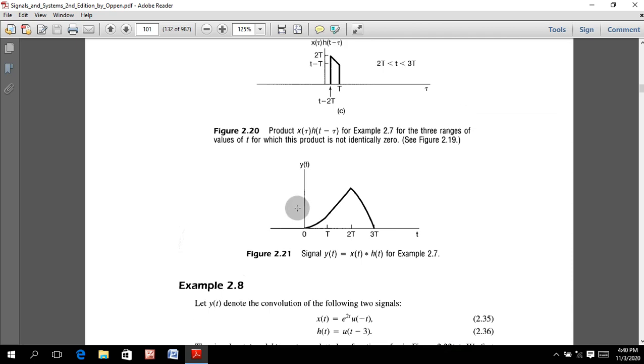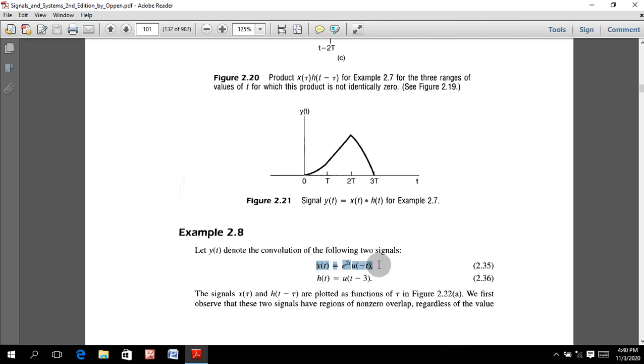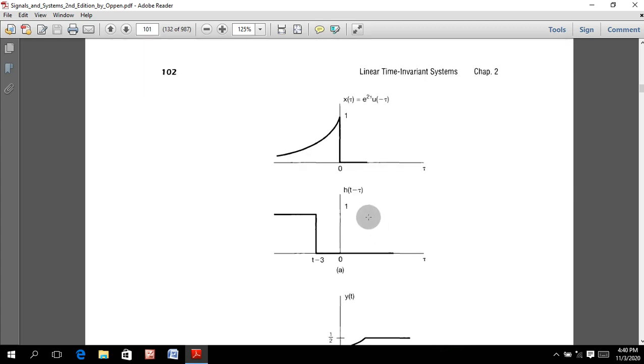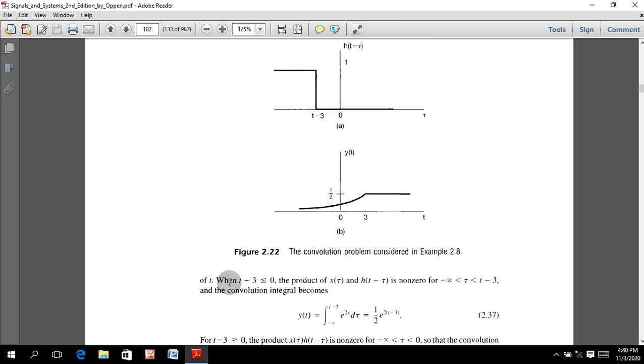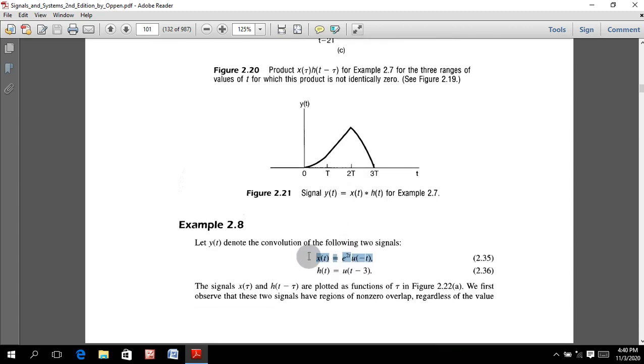It could be understood very easily. First of all, we know this is the input signal. What we have done here is plot the signals x(tau) and h(t minus tau) as functions of tau in this figure.